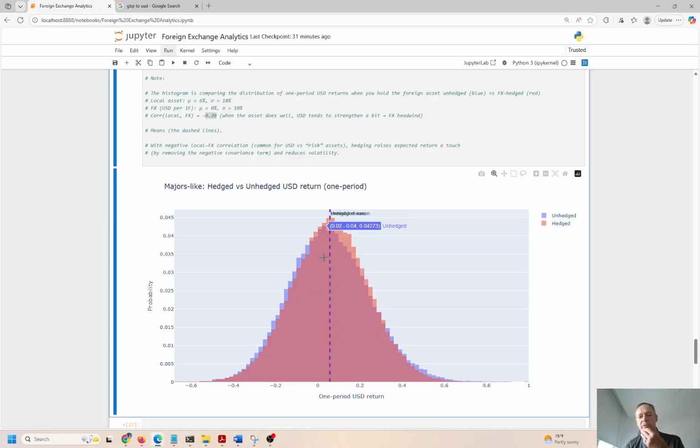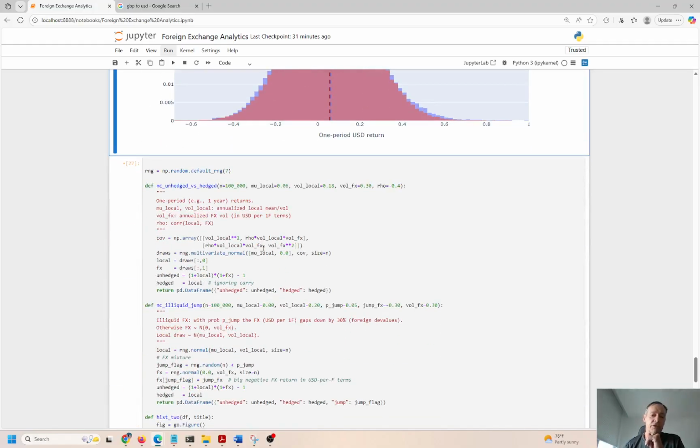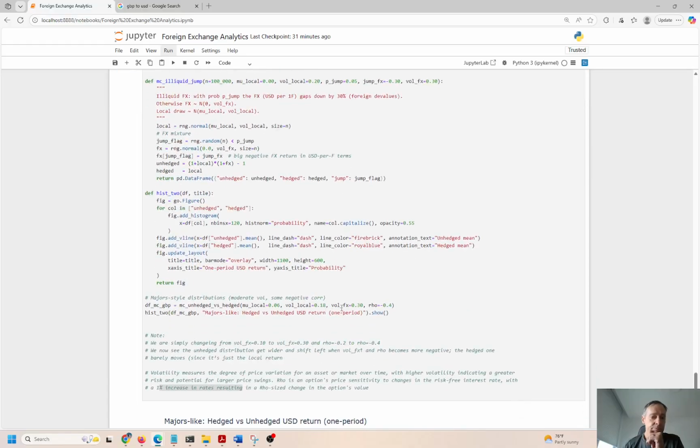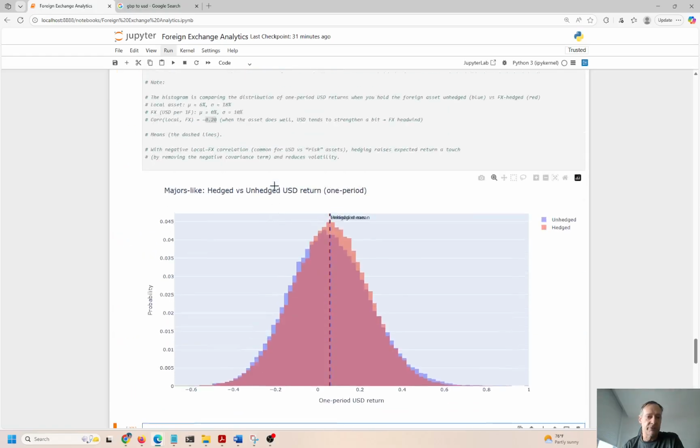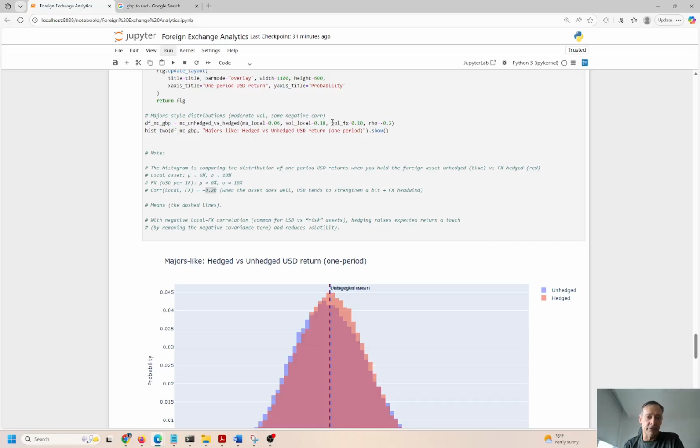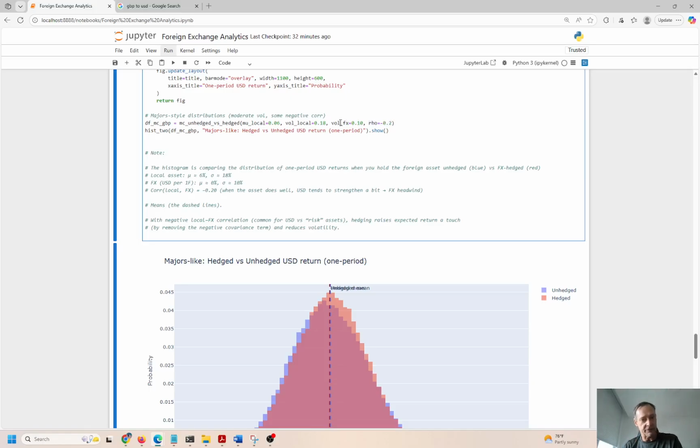Maybe they're so close the graph is kind of overlaying them slightly differently. I have to look at that. But if you just change two parameters down here, so when I'm calling this up above, I think I use 0.1 and 0.2. Let me double check this. Yeah, so the volatility is 0.1, so 10%, and the rho is 0.2% negative. So again, this is the correlation and this is the volatility.